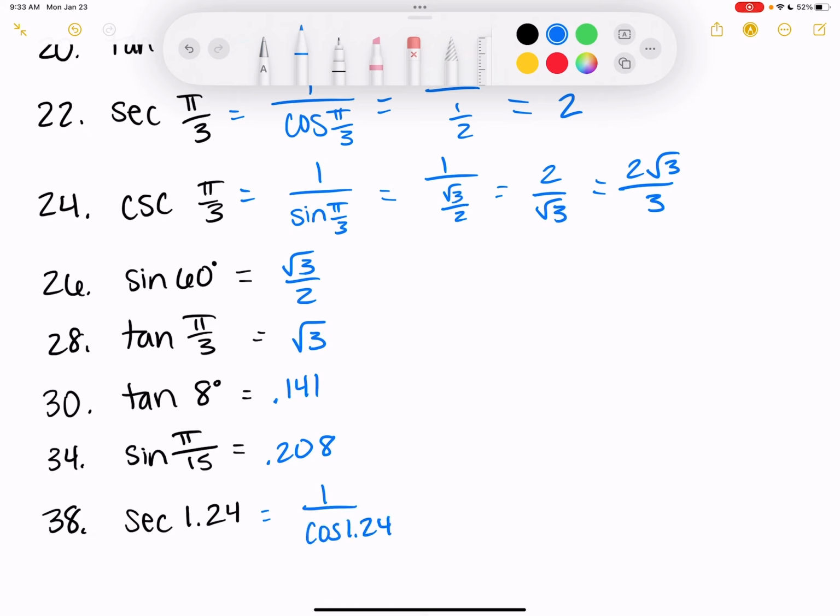Now, no degree symbol, so that means it's in radians, so leave your calculator in radian mode when you type that in. So then what is that? Yep.